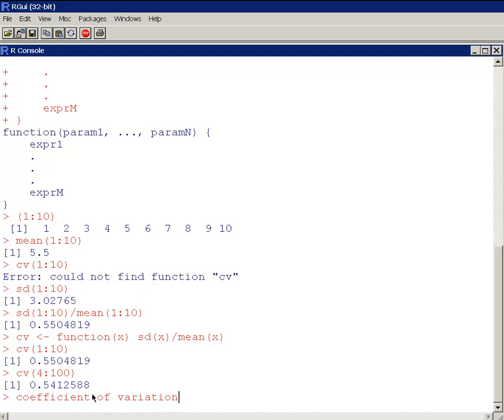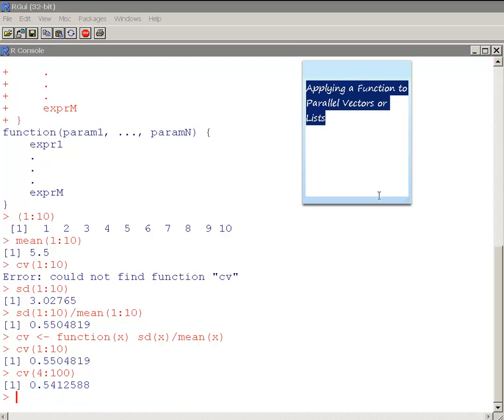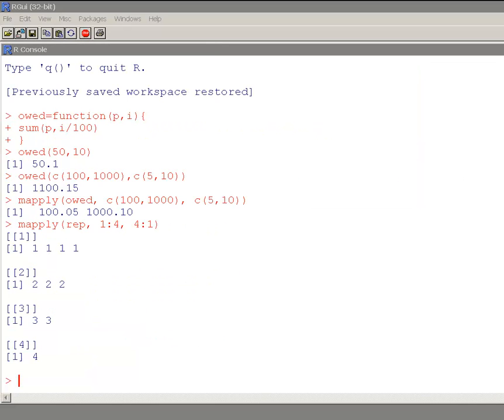You can see what the definition is: it's the standard deviation divided by the mean. But R doesn't have that function in its library of functions, but we just created it, and then we can use it. Okay, so that was just a quick review, but we're talking about applying a function to parallel vectors or lists.